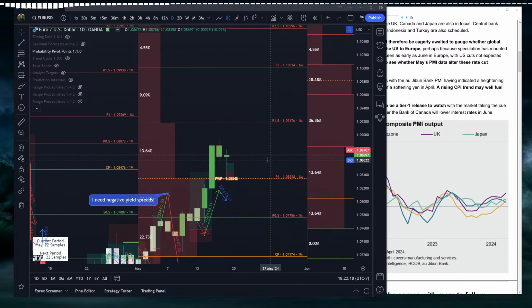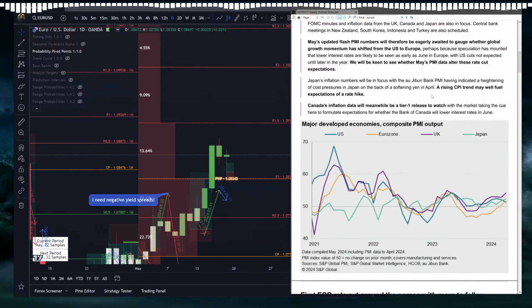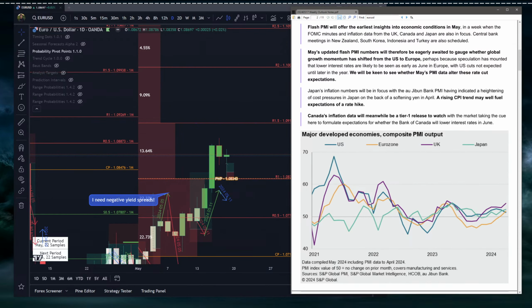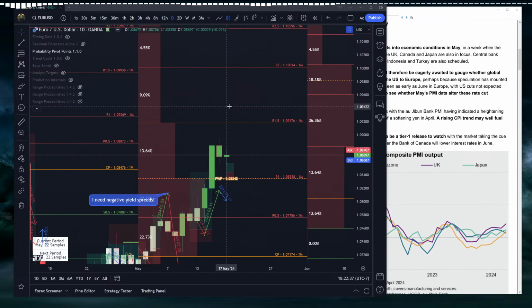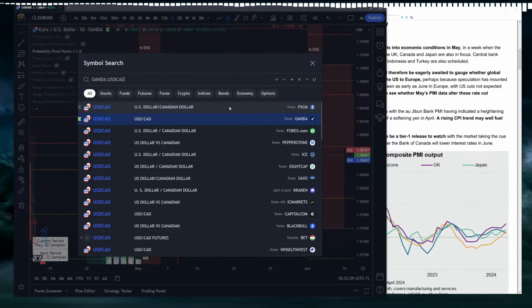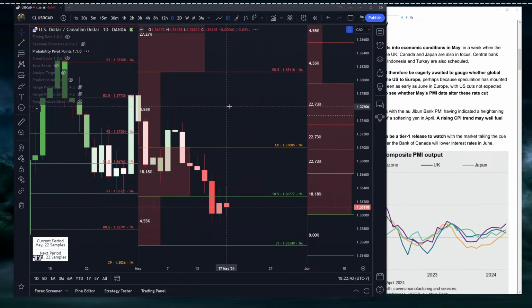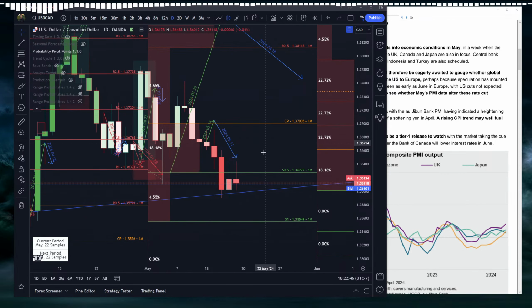You have to figure out, okay, idiosyncratically, one by one, which one is likely to actually pop off next? Doing stuff like this, reading your research, reading your outlooks, can help a lot. Of all of them, I think USD CAD in the FX space probably has some room to go. You can see the yield spreads are super, super negative.